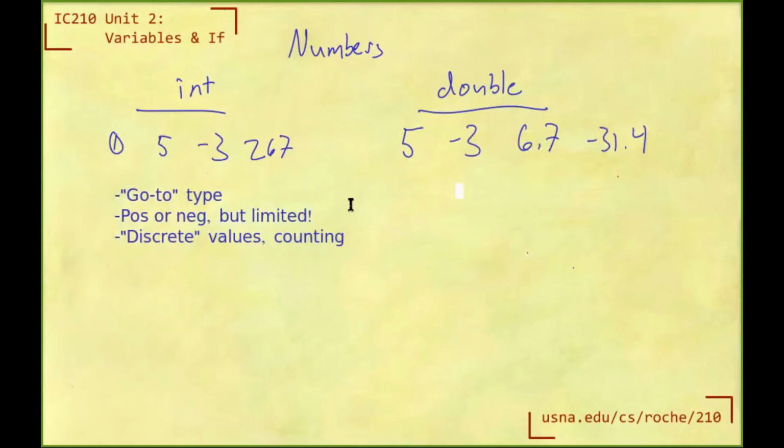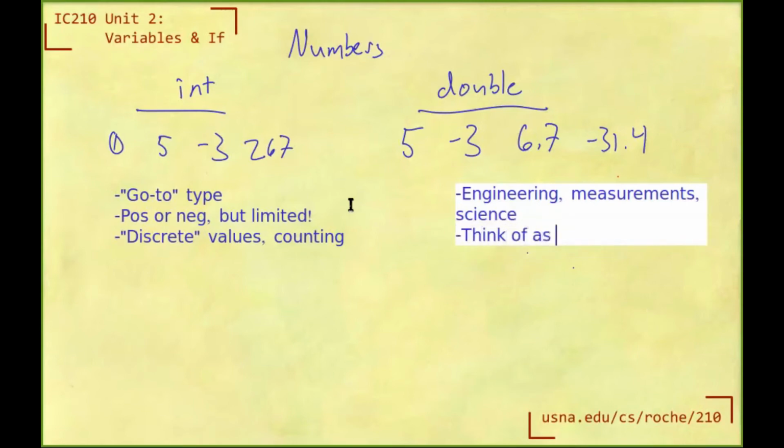And where do doubles make more sense? Doubles are used a lot when we're dealing with anything related to engineering, measurements, science, things that don't have exact values. Think of them as inexact. So they're fairly precise. We can get a lot of precision out of double, but not perfect precision.